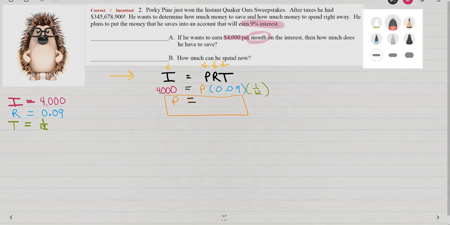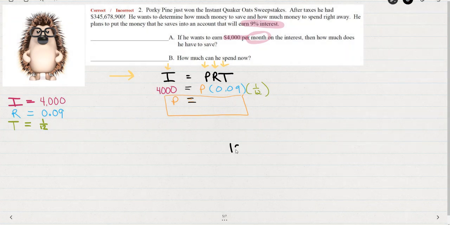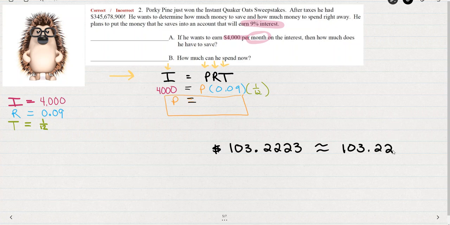Let's just say, and this isn't the right amount, but let's say that it comes up to $103.2223. So if we rounded this, it would round to $103.22, right?